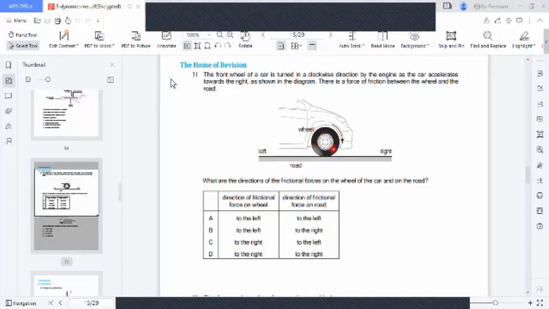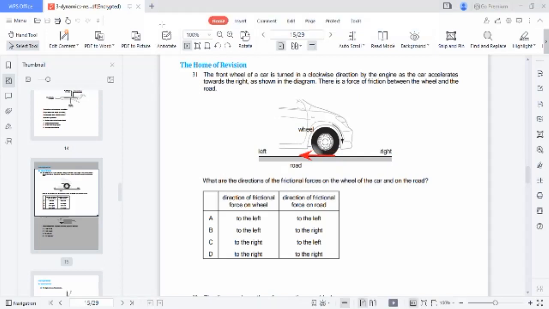So when it will come in contact with this ground, the wheel is actually going in leftward direction. So the motion is in this direction. At the same time, a frictional force acts opposite to this direction, so friction force would be acting in this direction. So direction of frictional force on wheel would be towards the right.